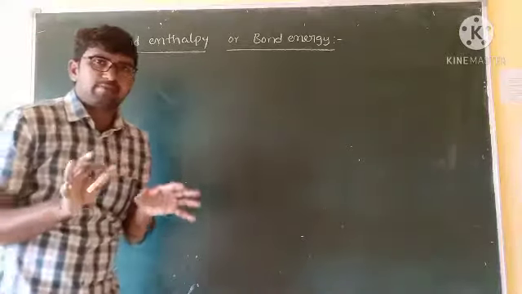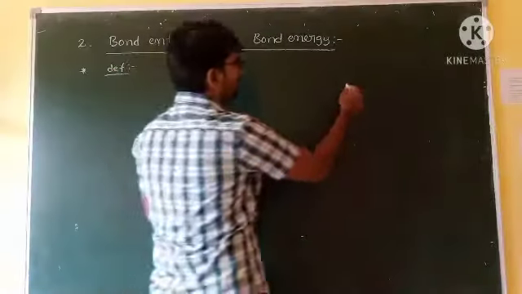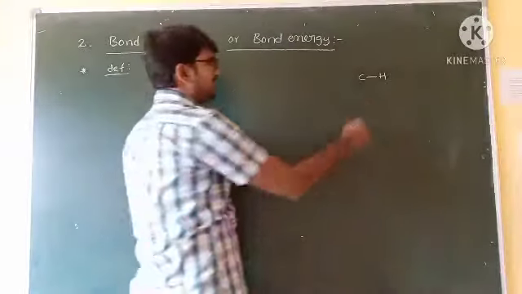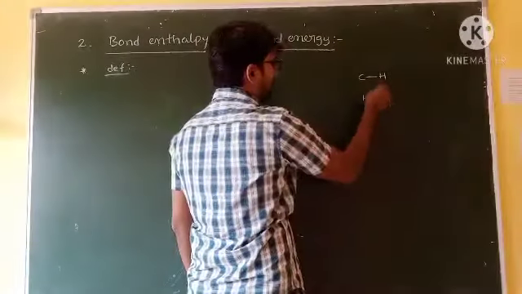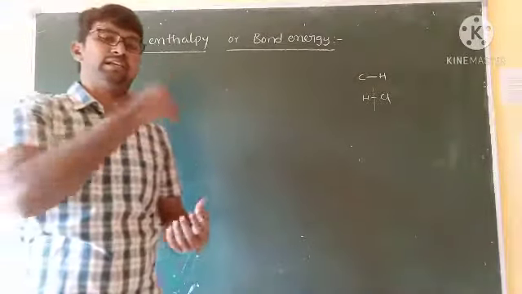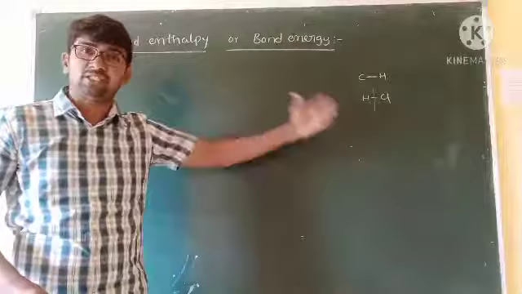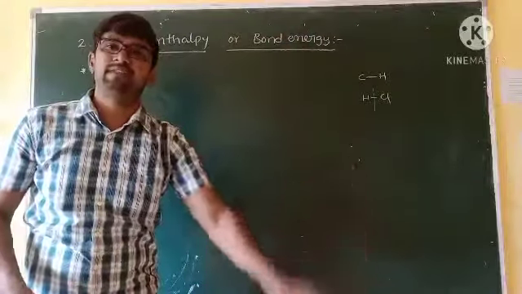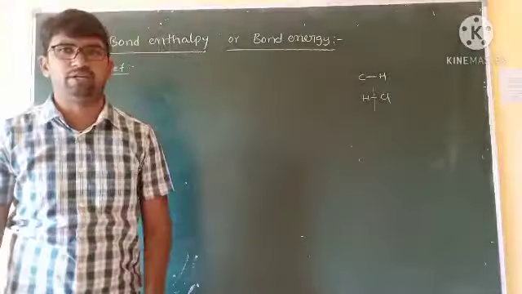Sir, first I will explain. For example, one bond is there. Here CH bond is present, or HCl bond is present. For dissociating that bond, how much energy is required? We know that in the formation of the bond, how much energy is released, the same amount of energy is required for the dissociation of bond.